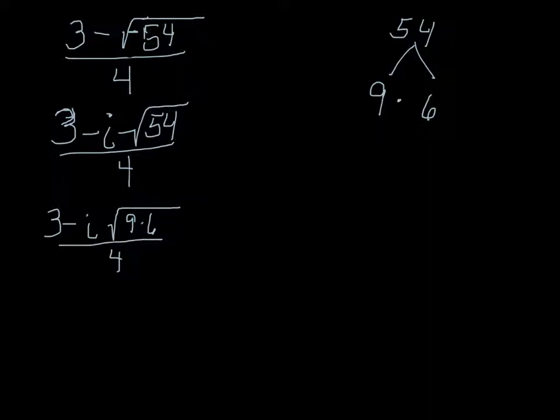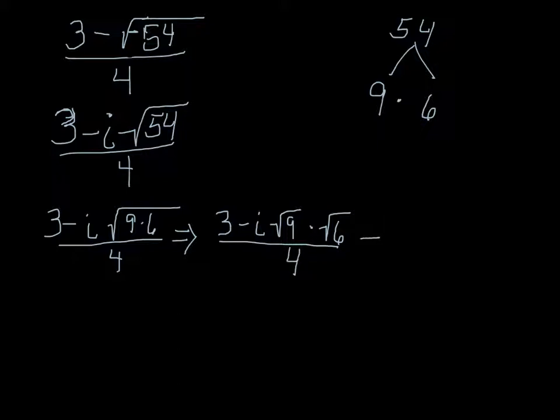I'm going to go this way because I'm running out of space. So we can break those up, and what we have now is i times the square root of 9 times the square root of 6, all over 4. See how that works?